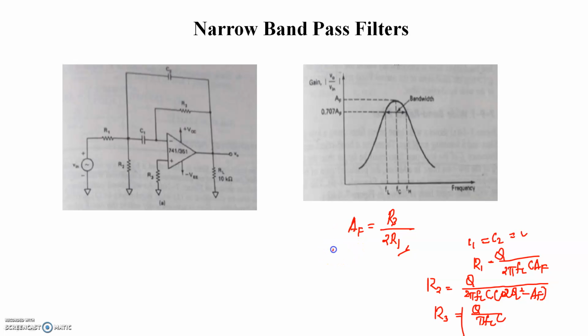The gain should always satisfy the condition that AF is less than 2Q square in order to get this particular R2 positive. These are about wide and narrow bandpass filters.